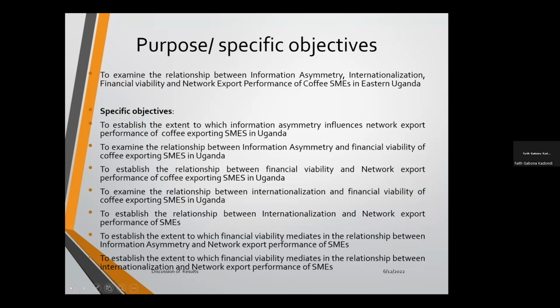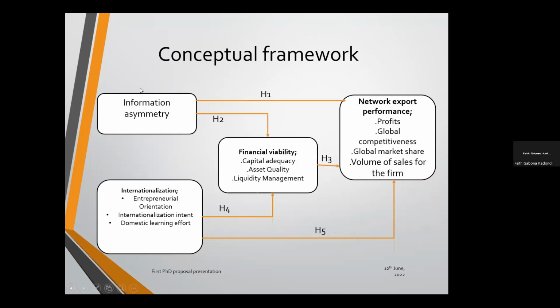Let me go back before I continue back to my conceptual framework. Hypothesis 1 explains the relationship between information asymmetry and network export performance. To what extent does information asymmetry influence network export performance?